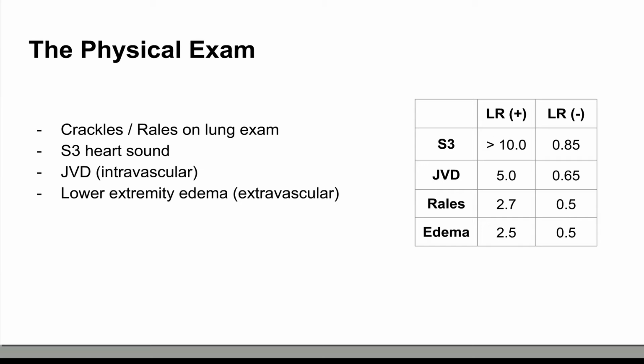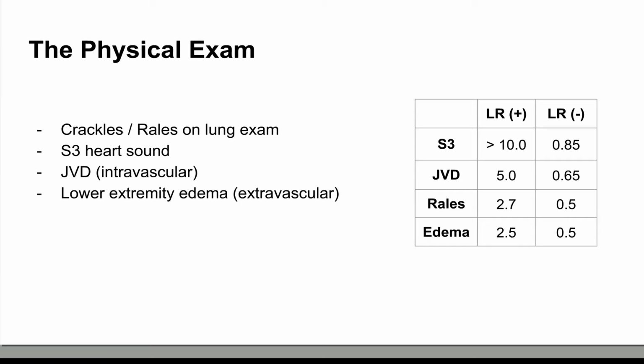The table on the right looks at the likelihood ratios when these physical exam findings are present versus when they're not. You can use a table that essentially helps you determine how much effect it will have on your pretest probability. But a general sense is that a high likelihood ratio, such as greater than 10 for an S3, is very significant to point you in the direction that this is someone in heart failure.